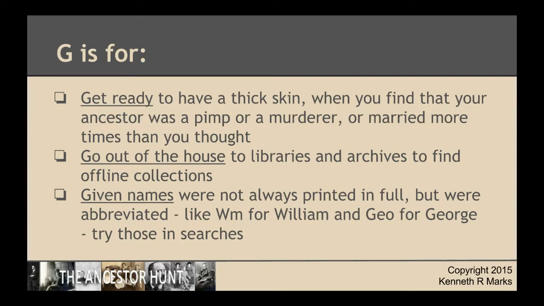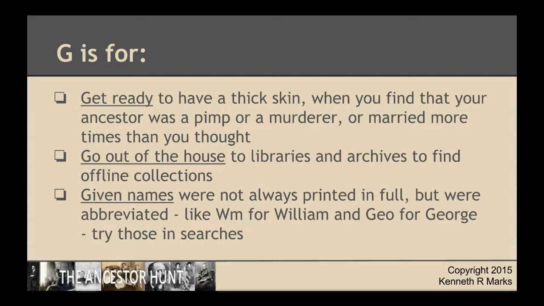Given names were not always printed in full in the newspaper. For example, Robert was sometimes spelled R-O-B-T. John was J-N-O. William was W-M. George, G-E-O. And there are many more examples like that. But try those in searches. I did a search just for fun the other day for, I won't tell you the surname, it doesn't matter.